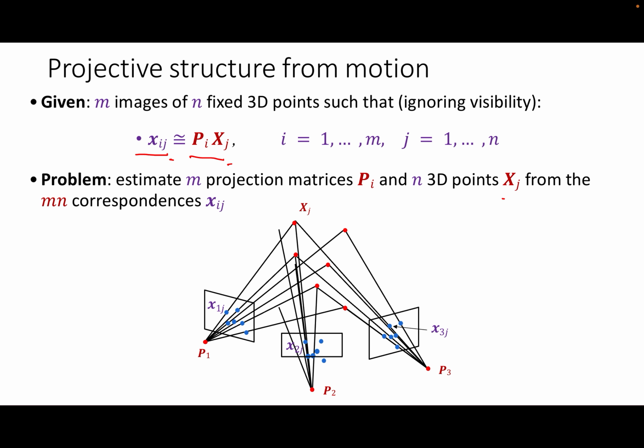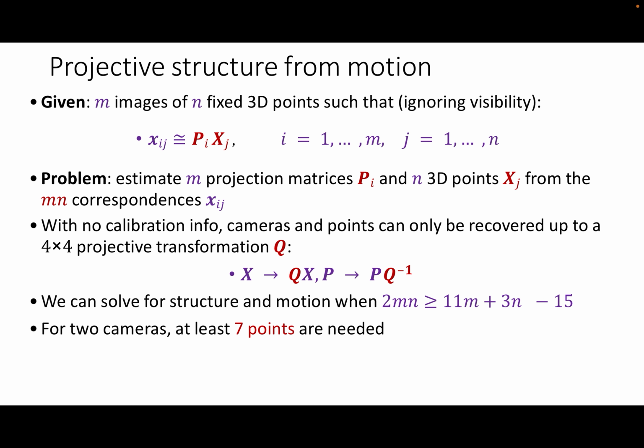So the goal is exactly the same, but the difference is that in affine SfM we assume Pi belongs to the affine transformation matrices, but now Pi belongs to the perspective projection matrices. The given is exactly the same, but these are different.